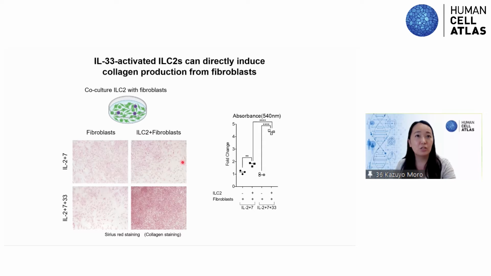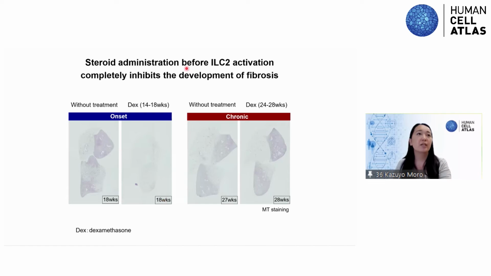And in this condition, fibroblasts did not produce collagen. But in the IL-2 plus 7 plus 33 condition, which induces ILC2 activation by IL-33, we observed high collagen production from fibroblasts, which means that ILC2 can directly induce collagen production from fibroblasts.